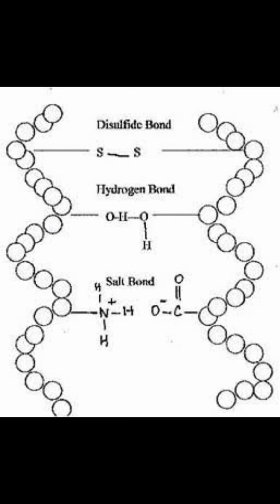The first is the hydrogen bond, the second is the salt bond, and third is the sulfur bond. It is as simple as that. There are 3 kinds of bonds in your hair: the hydrogen, the salt and sulfur bonds.